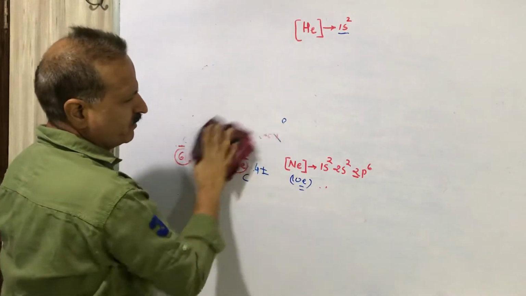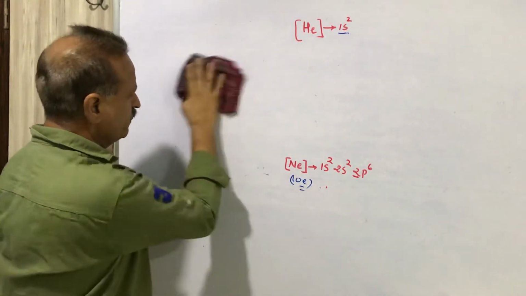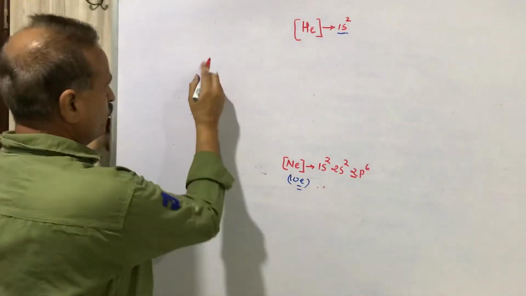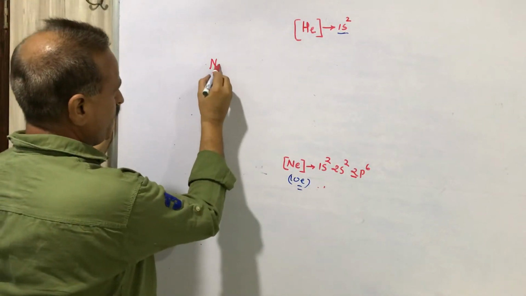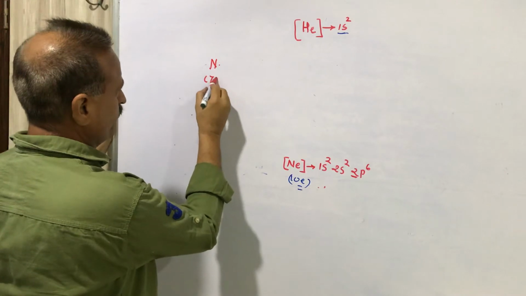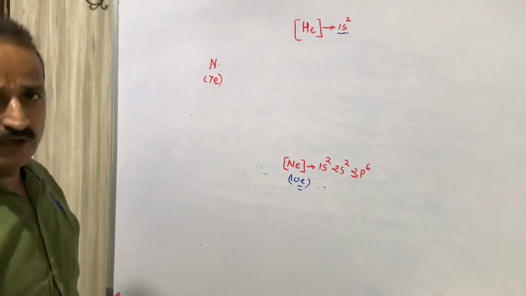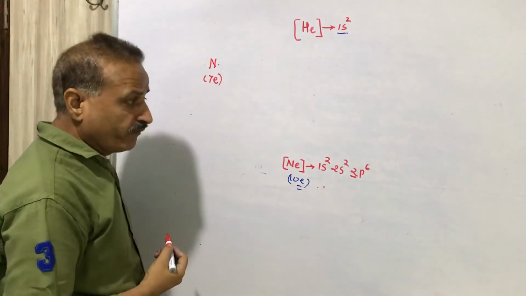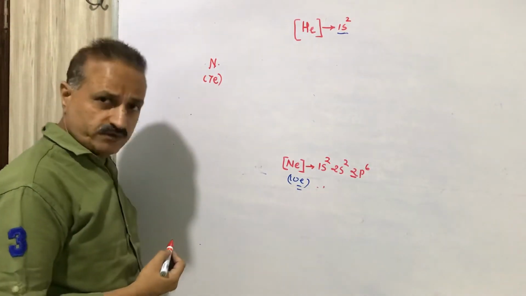Nitrogen will convert into helium or into neon. Let's discuss. How many electrons does nitrogen have? Nitrogen has 7 electrons. So which electronic configuration will be easy for nitrogen?